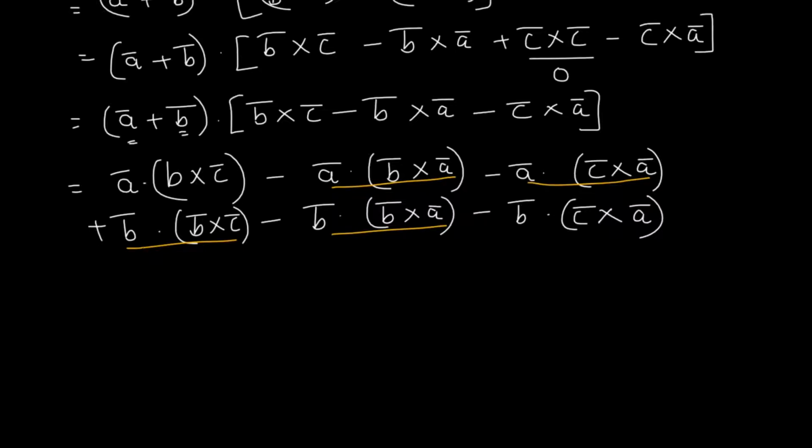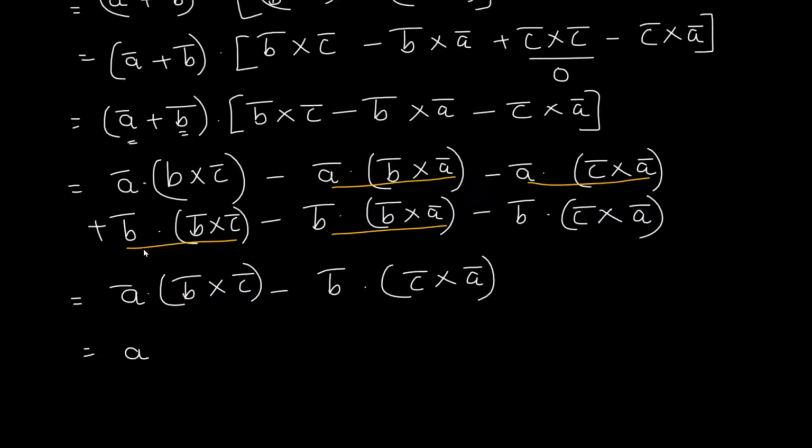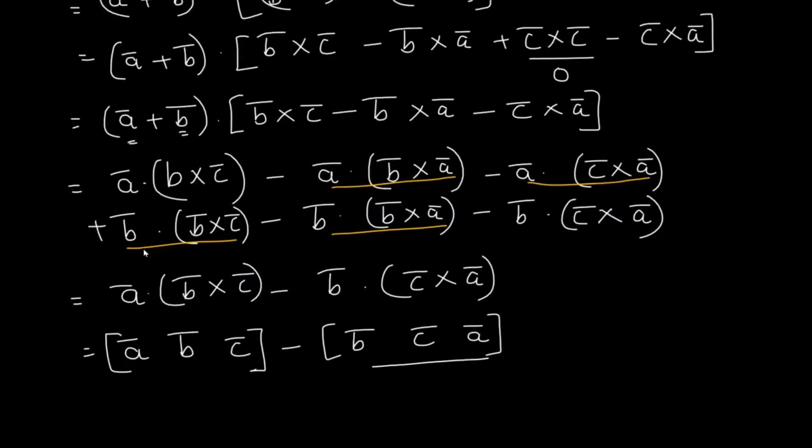So we are left with two terms now, A·(B×C) − B·(C×A), which can be written as box [ABC] minus box [BCA]. In the second term, even if we make a cyclic change in the order of the three vectors, the sign will not change.